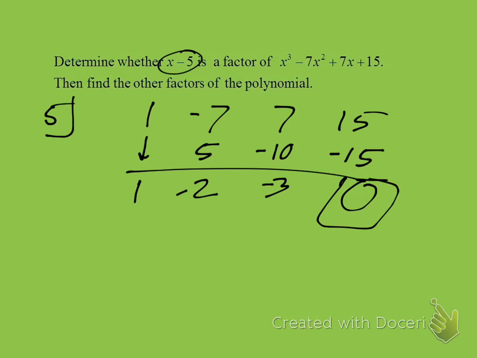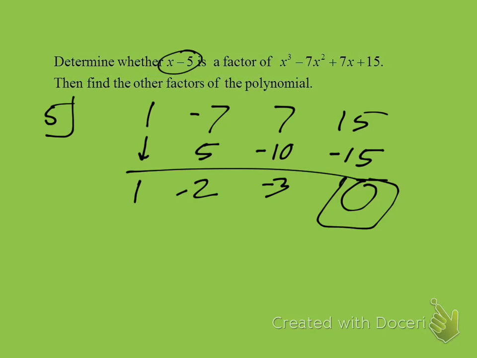It's possible that you get huge numbers. Here, your remainders are 0 every single time. So if you don't get one, you mess up. Since you got a remainder of 0, you have confirmed that x minus 5 is a factor of x cubed minus 7x squared plus 7x plus 15.